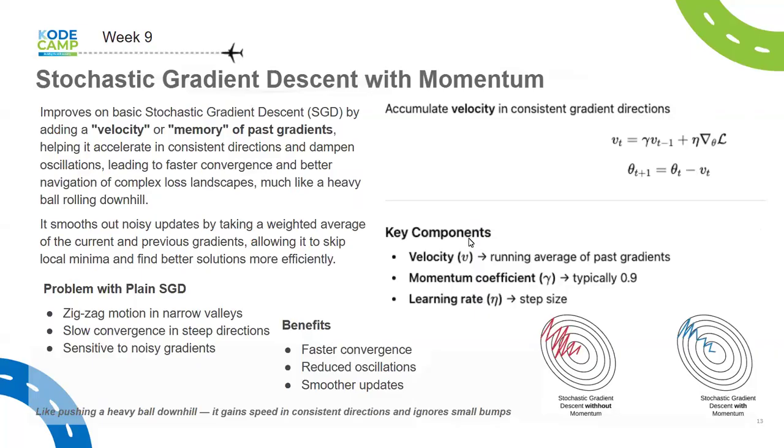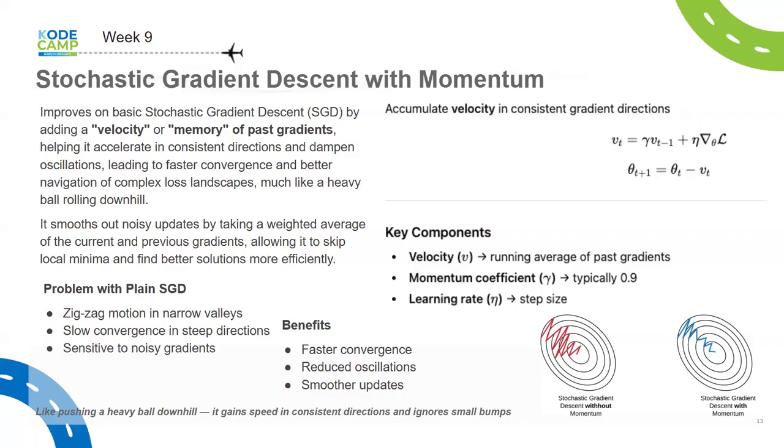We talked about momentum, which is an extra factor that you add into the standard stochastic gradient descent so that the rate of descent down that slope in the loss landscape is dependent not just on the magnitude and direction of the gradient, but also on how fast the gradient is changing.